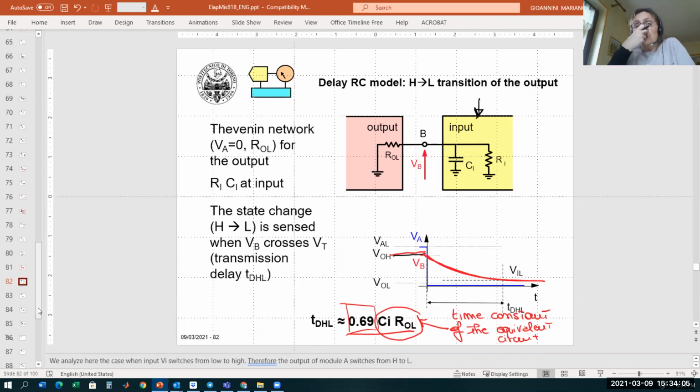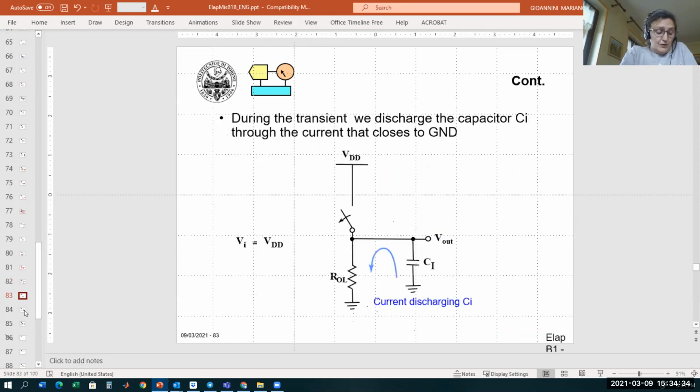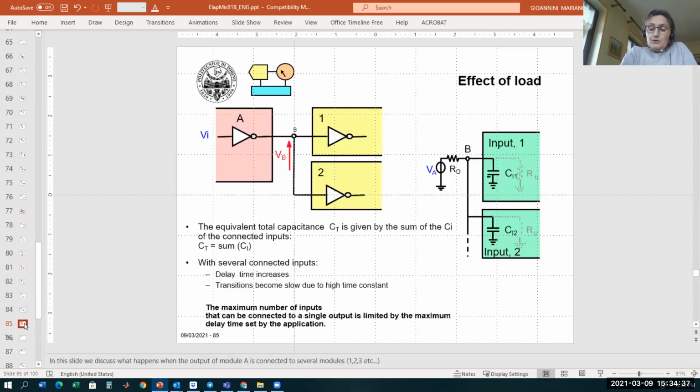So looking at this expression of the delay, this one that we have just seen, you can see that the delay is a function of the input capacitance, so the capacitance that we see looking in the direction of the input modules, and of the equivalent output resistance. So what follows is a very important thing reported here, the effect of the load.